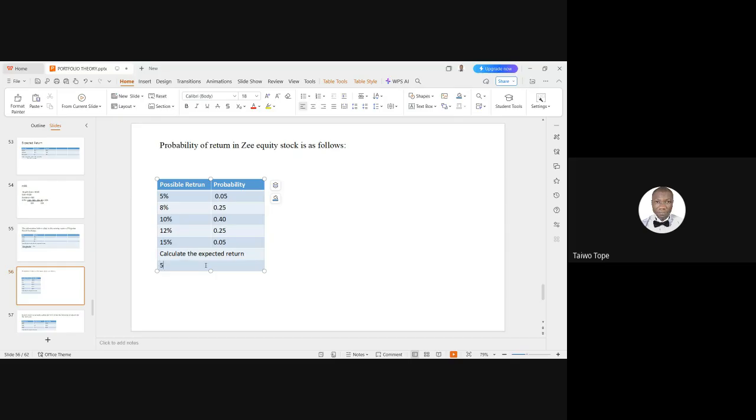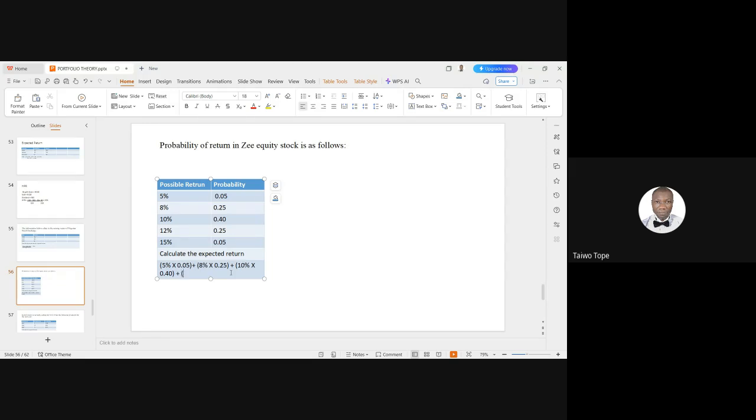That is 5% multiplied by 0.05, plus 8% multiplied by 0.25, plus 10% multiplied by 0.40, which is approximately 9.95, so about 10%.